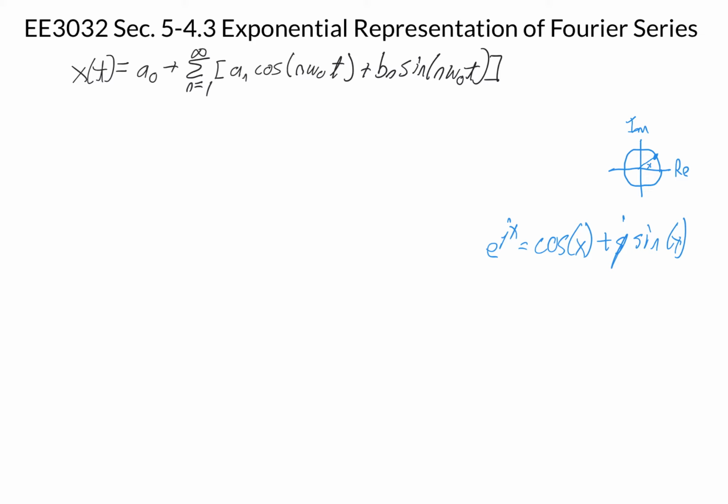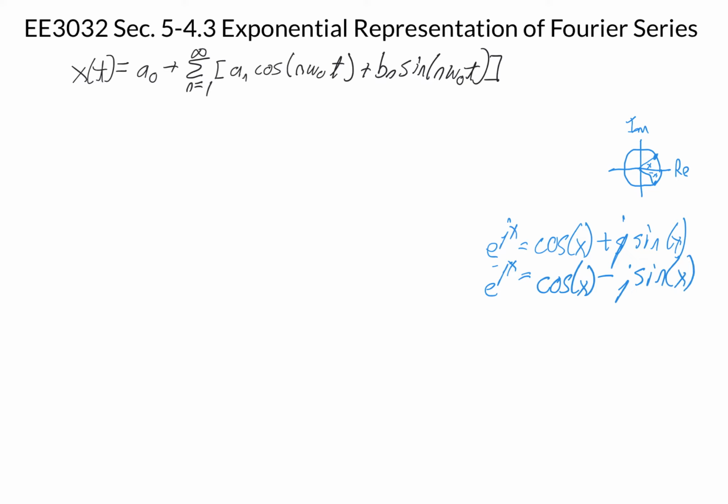Now let's consider what happens when we take a point at the angle negative x, right there, negative x. So we have e to the j negative x, or e to the negative jx. And we can see from the diagram in the complex plane that these points are conjugates of each other. So they have the same real part, but the negative imaginary part.